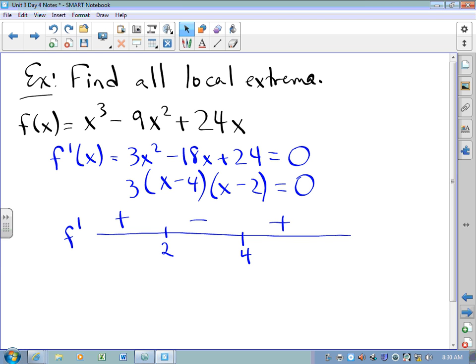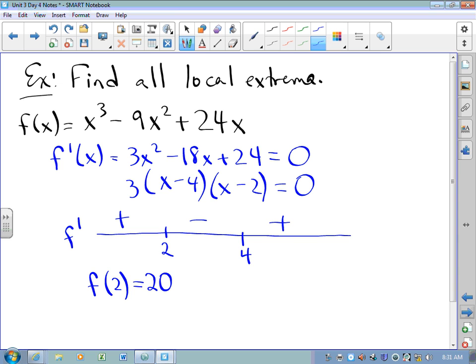So now I've got to make a determination about x equals 2 and x equals 4. And so here's my determination. F of 2, which is 20, you can do that just by subbing 2 into the f of x function. That is a local max. And it's a local max because what does f prime do at x equals 2?